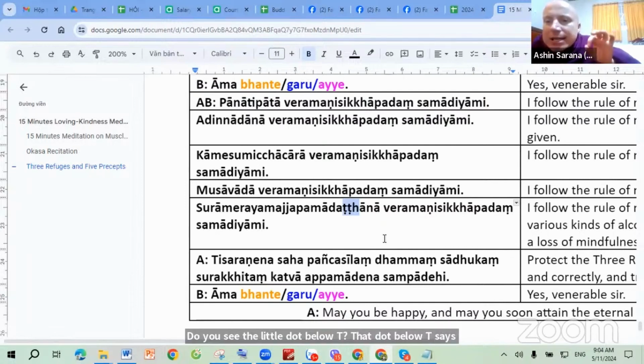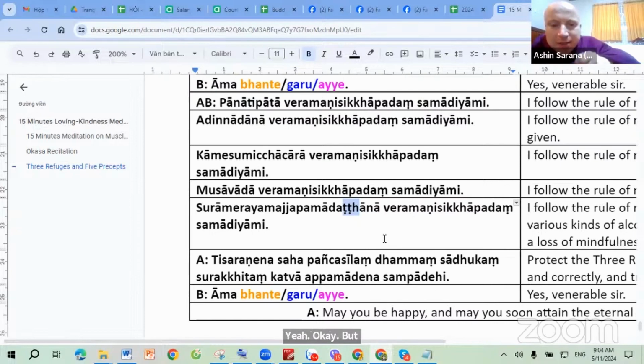That is different from, for example, Tisaranena. Below, on the other line, we have Tisaranena. You see, it's different.